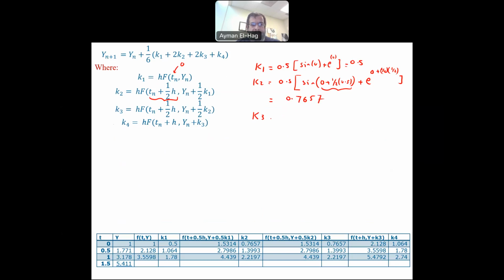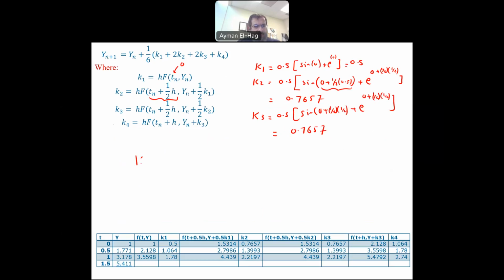Your K3, now we'll see K3 and K2 are basically similar to each other. Because we don't have the y in the function, we get exactly the same value, which is 0.5 times sine of 0 plus 1/2 times 1/2 plus e to the power of 0 plus 1/2 times 1/2, and this will give me a K3 equal to, again, 0.7657.